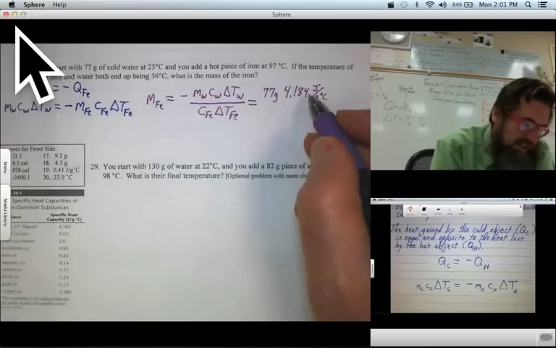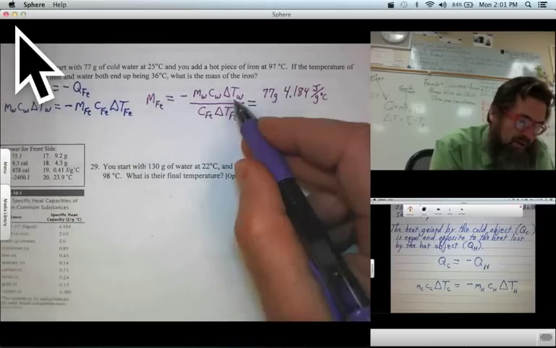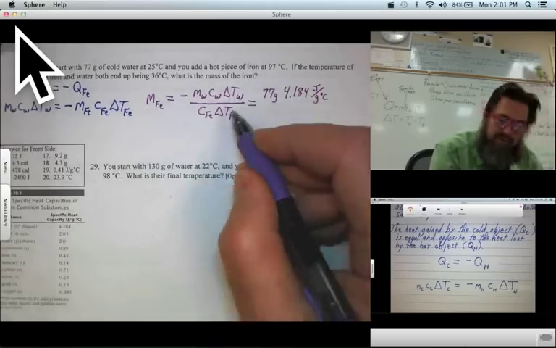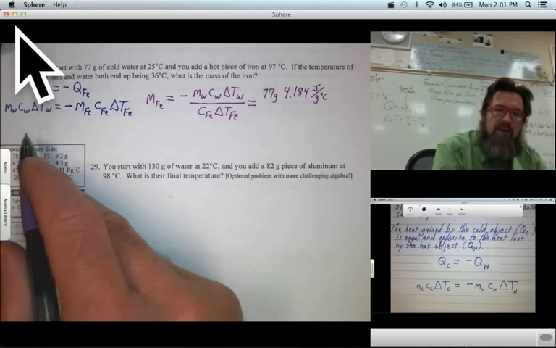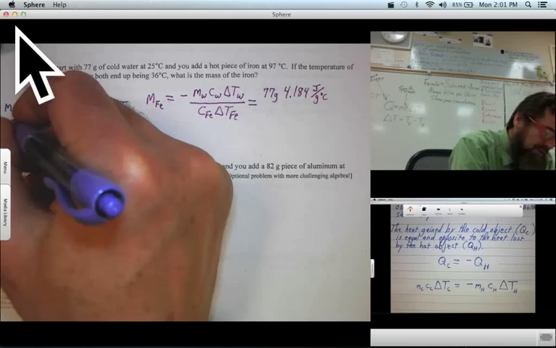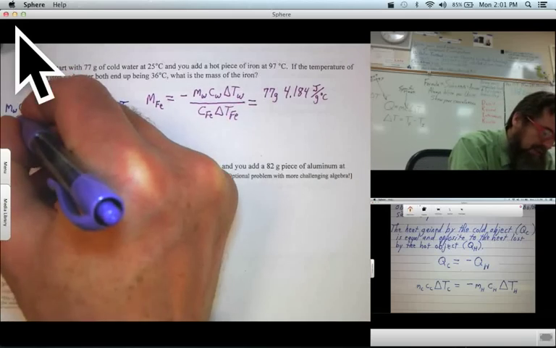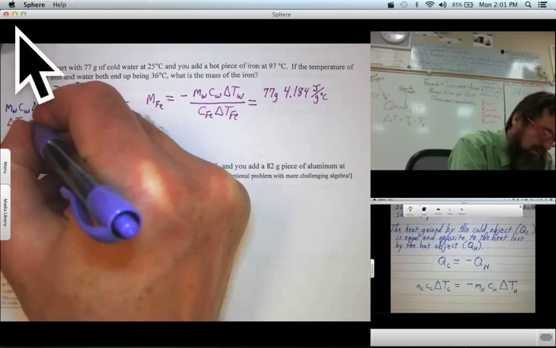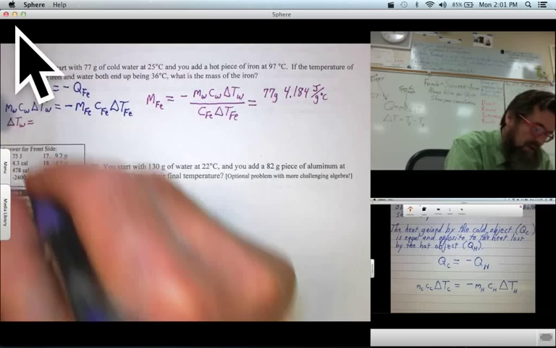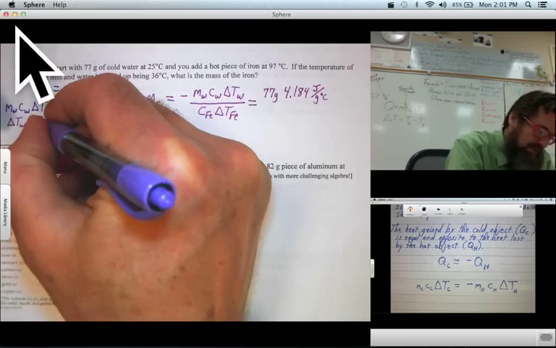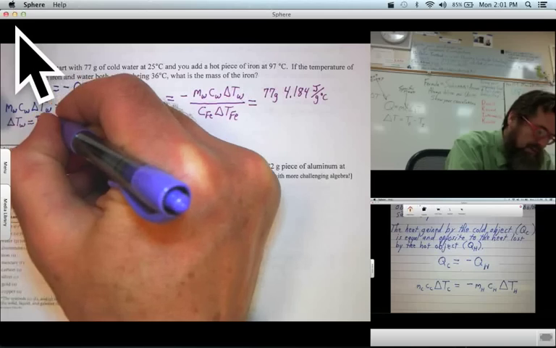Delta T of the water. Well, to substitute that, we've got to do a little calculation over here. Delta T of the water equals T final minus T initial.